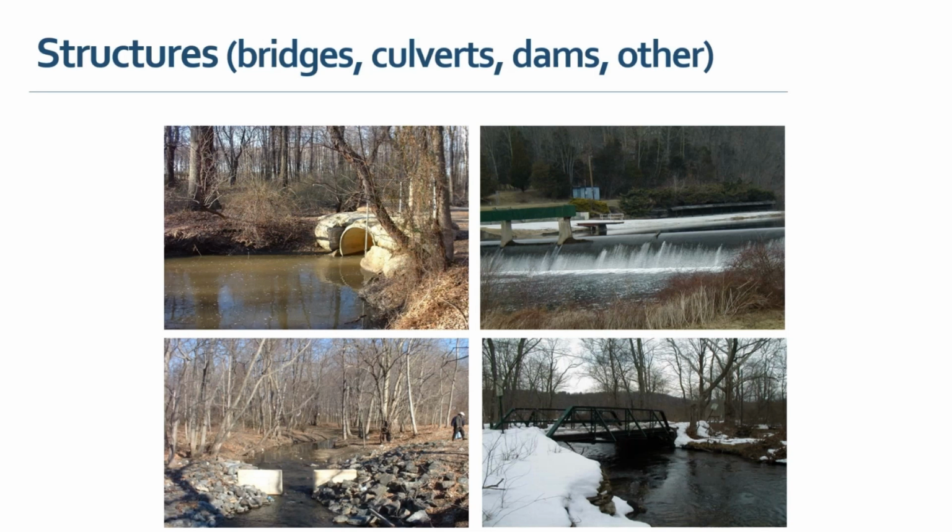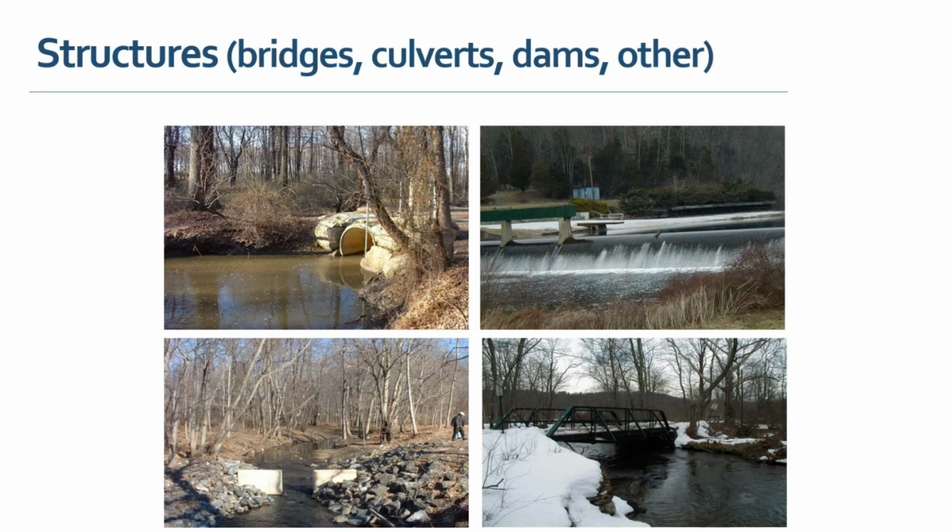There at the top left is a culvert. The top right is a dam. Now, we're not going to have any sites that include the dam, and preferably we're not doing a site that is any closer than 500 feet from a dam. That way you're avoiding any possible influence from the dam and getting a better picture of the health of the stream.